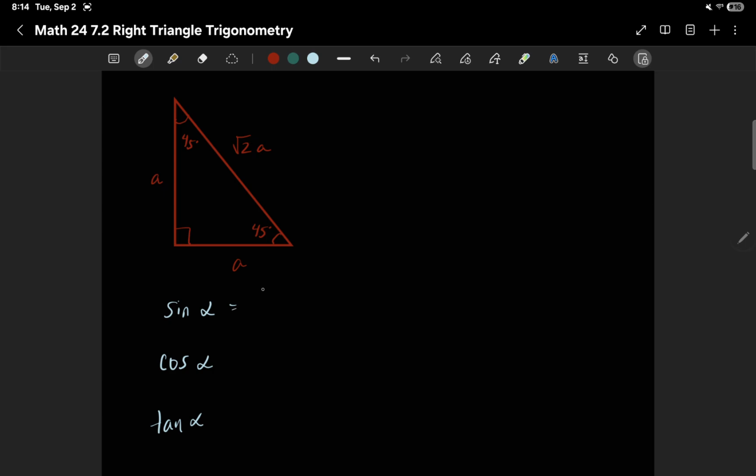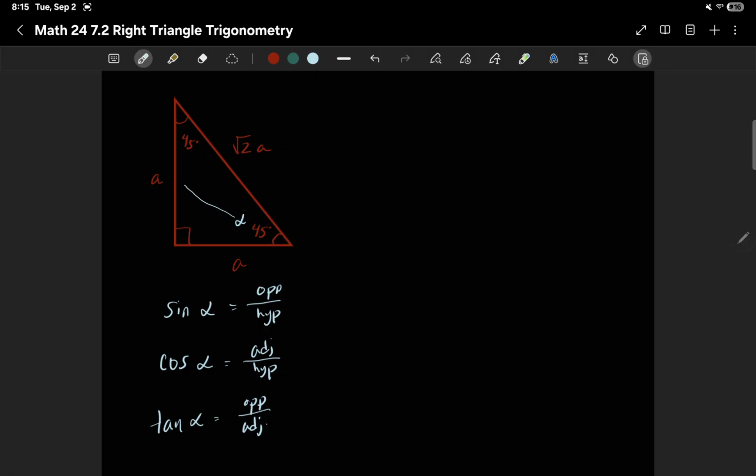And remember, sine of alpha is opposite over hypotenuse. Cosine of alpha is adjacent over hypotenuse. And tangent of alpha is opposite over adjacent. And I'm going to call the lower angle alpha.